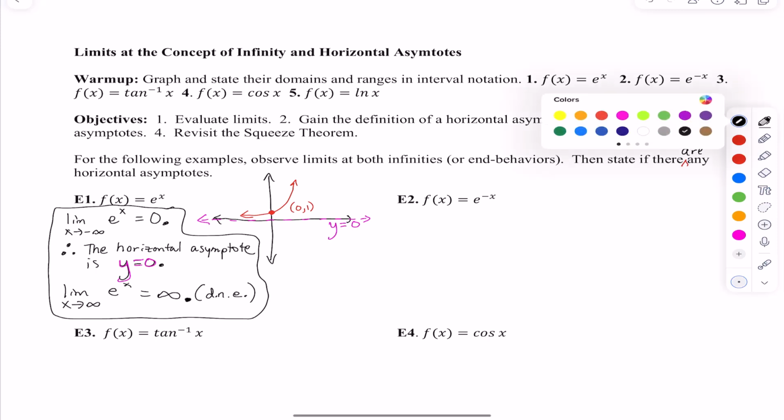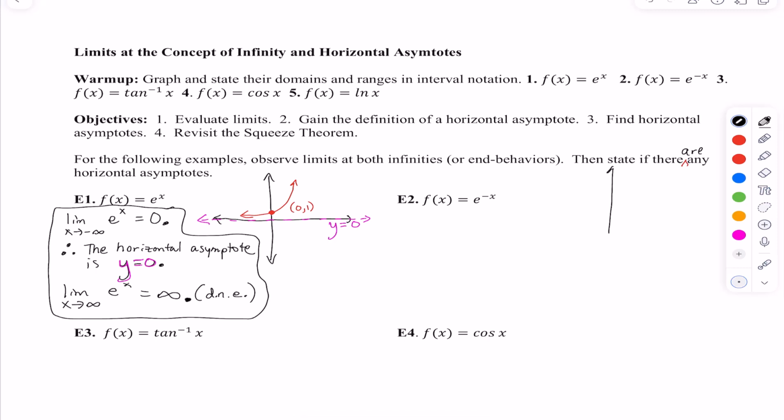We could do similar observations for the function e to the opposite of x. Notice this is exponential decay. So from left to right it is decreasing and it's concave up. The y-intercept is still the same. And let's go ahead and observe the end behavior.